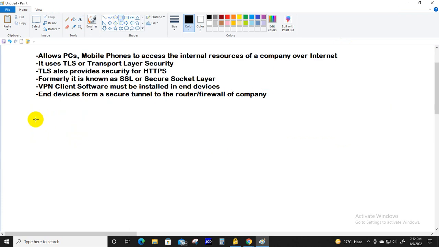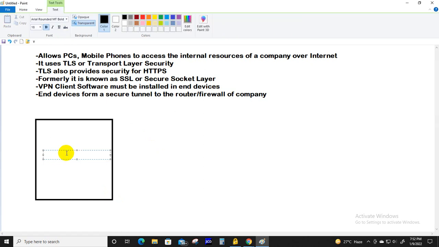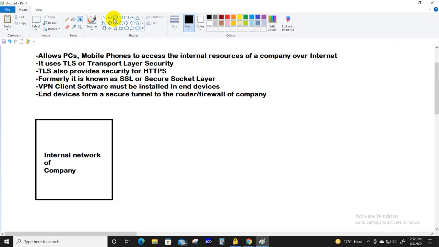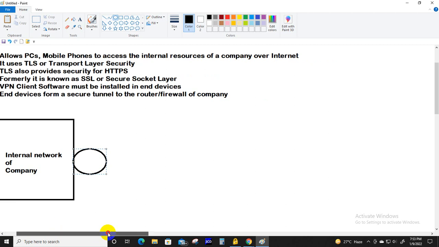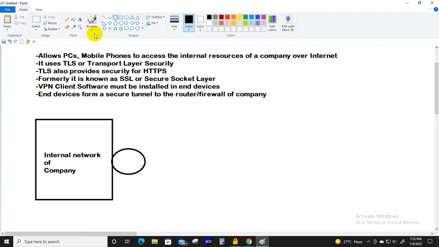Suppose this is your company network, internal network of company. This is a firewall or router.